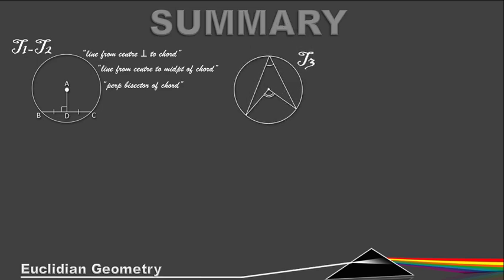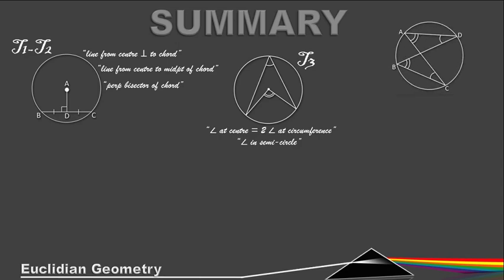So for theorem 3, we have that the angle at the center is 2 times the angle at the circumference. And also, if it's a diameter, it's angles in a semicircle. Then for theorem 4, we have angles in the same segment that are equal. And also equal chords subtend equal angles if we have to prove the quad a cyclic quad.